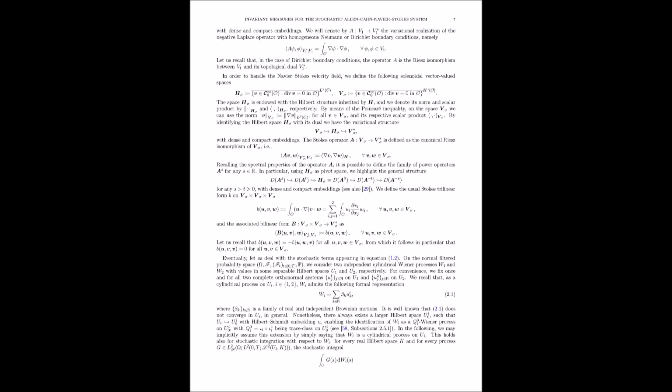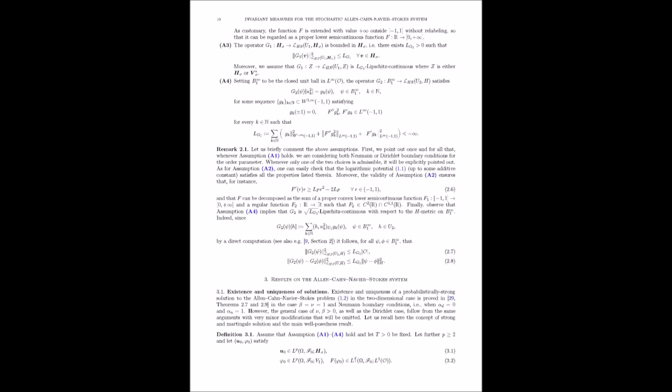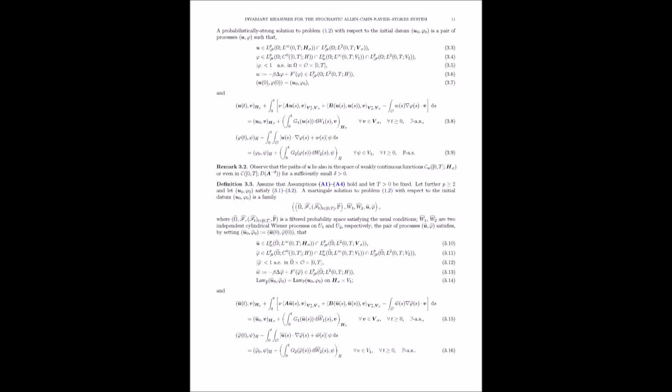Yes, exactly. Now, with these equations and assumptions in place, the paper dives into proving some remarkable results. They start by establishing the existence and uniqueness of a strong solution to the stochastic system, presented in Theorem 3.5. This theorem really lays the groundwork for everything that follows. It tells us that the system is well posed, meaning it has a solution, and that solution is unique.